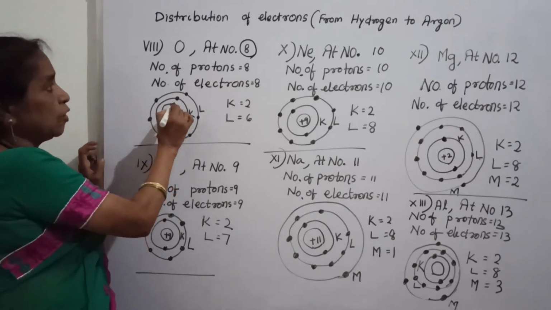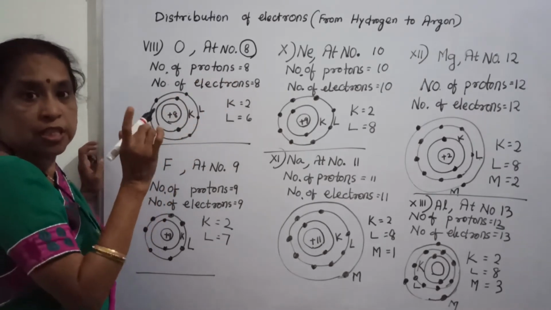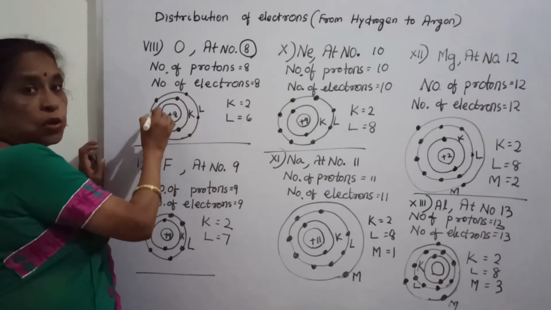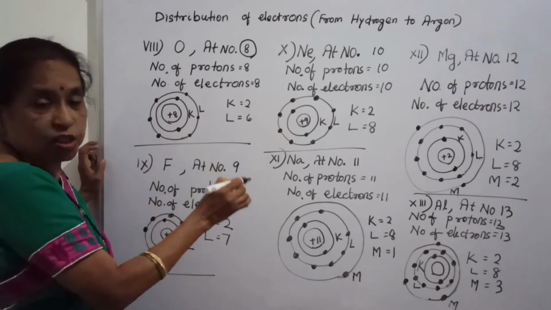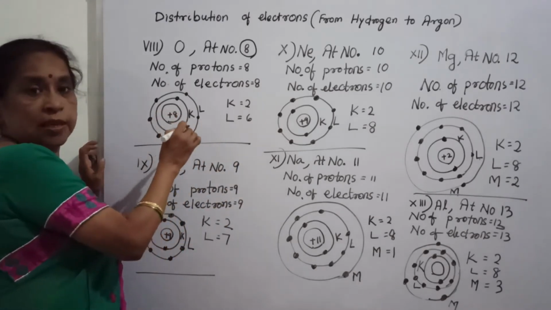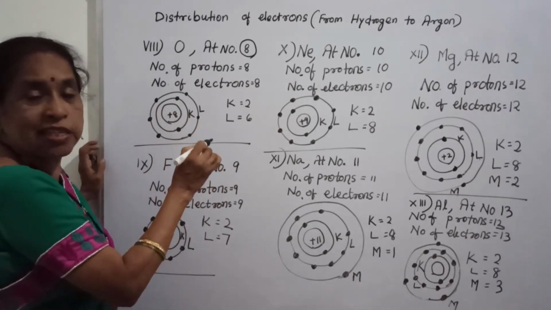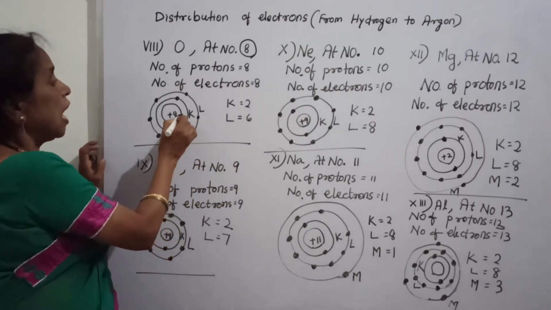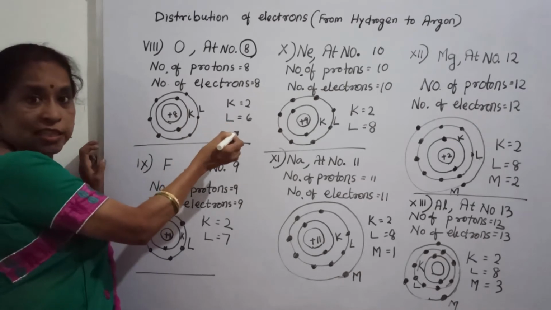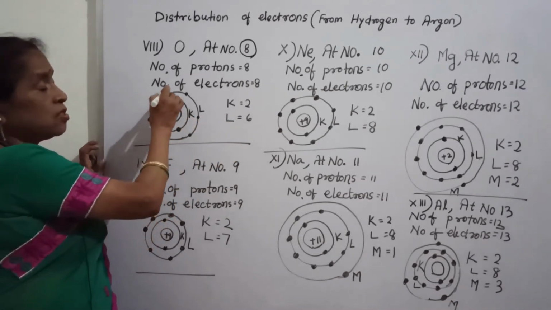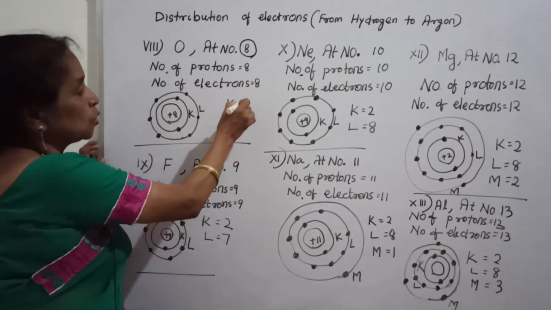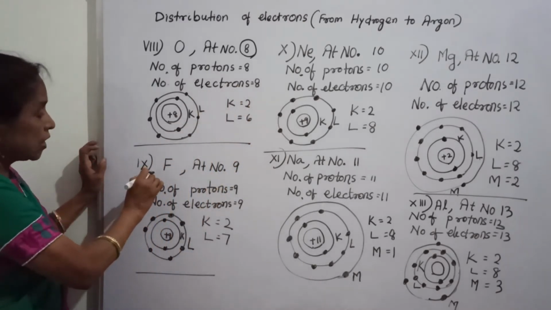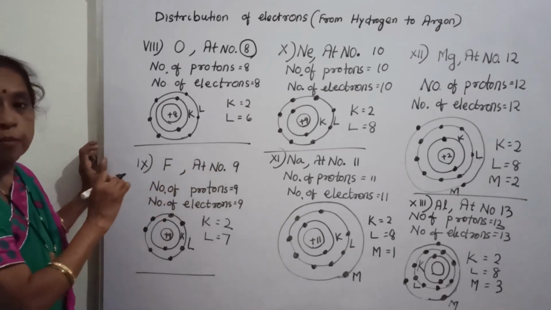Now this is the nucleus where the number of protons is represented by plus 8, and in K shell 2 electrons because the maximum capacity is 2 electrons. K has the maximum 2 electrons, and how many remain? 6 electrons in L shell. So total 8 electrons.